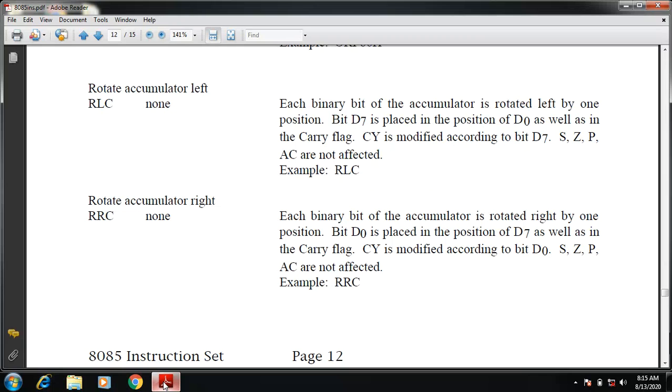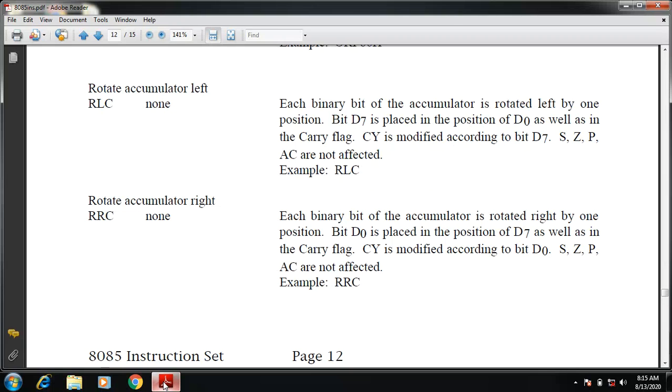Suppose we take one 8-bit data, for example 15. So 1 is represented in binary form as 0001 and 5 is represented as 0101. So these are all the 8 bits. The 8 bits are presented as D0 to D7.